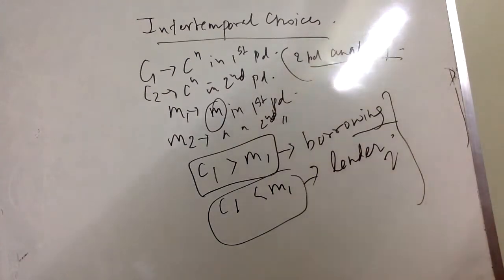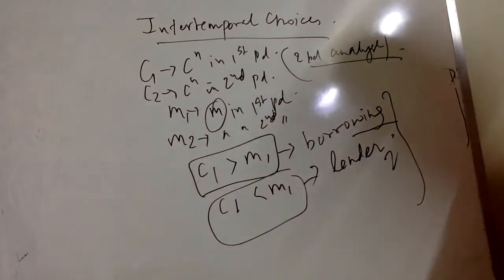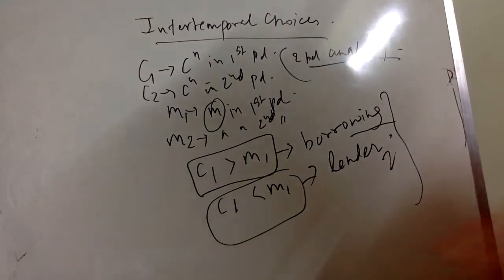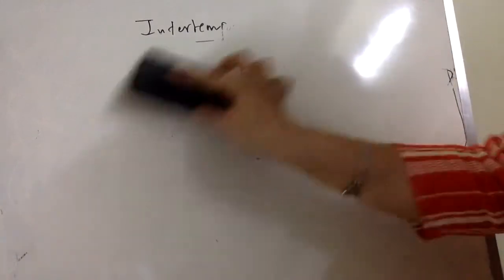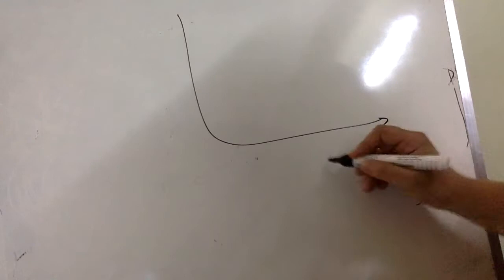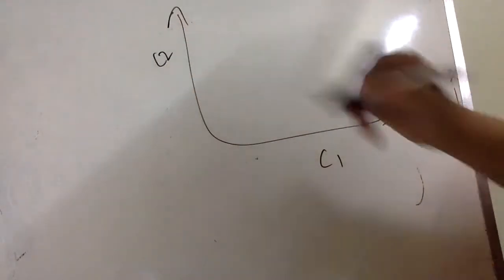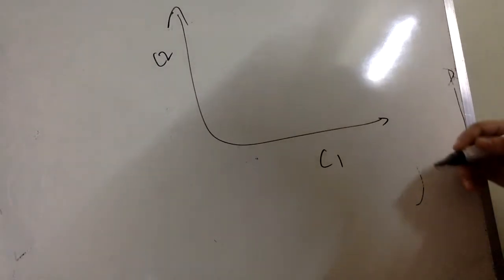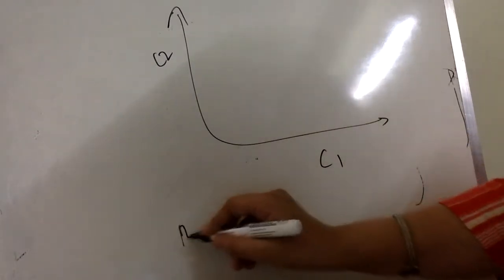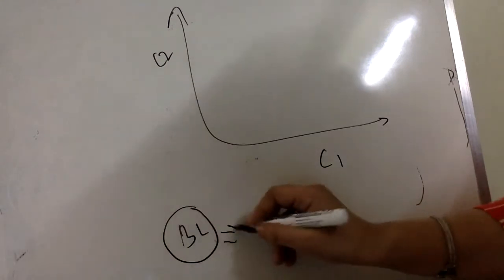Now let's plot this graphically. Suppose on the x-axis I have consumption in period 1, and C2, the consumption in period 2, is plotted on the y-axis. First, what is my budget line in this case?